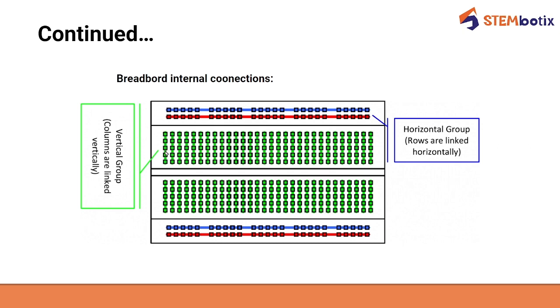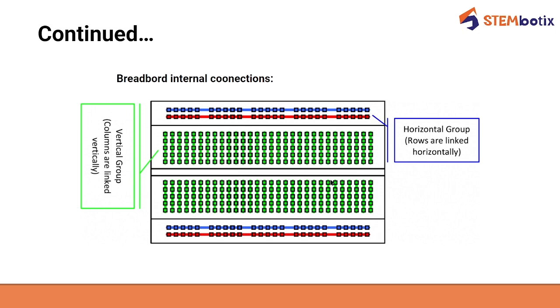So the holes here are connected in vertical manner and the holes in the upper and lower rows are connected in horizontal manner. Similarly, these holes are connected vertically from 1 to 5.